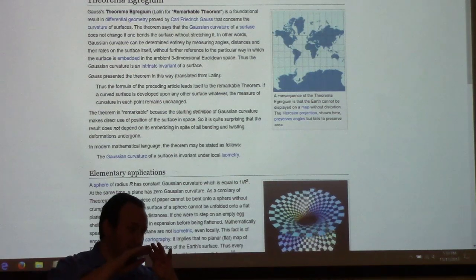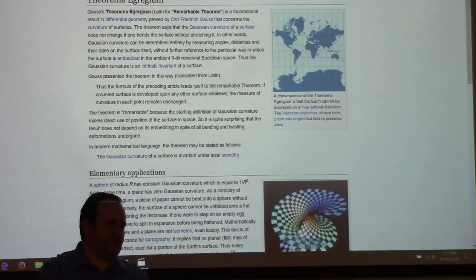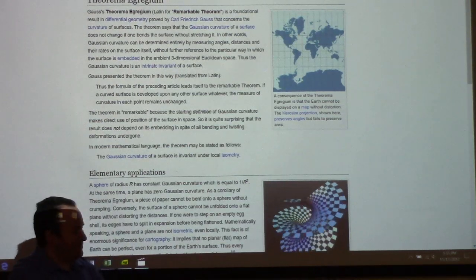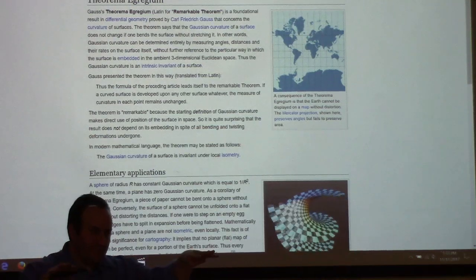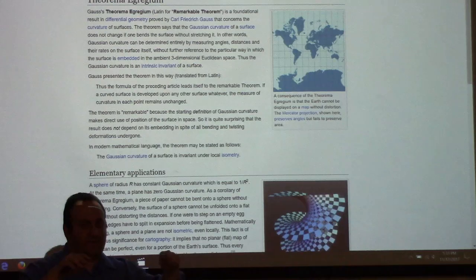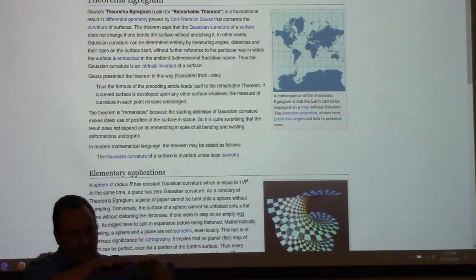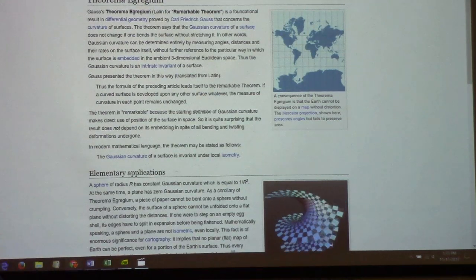It's actually constant everywhere. I think it's 1 over the radius of the sphere squared, up to a convention, I forget. And so, on the other hand, the Gaussian curvature of a flat sheet of paper is 0. So there's no way you can isometrically map the sphere to the flat thing without.